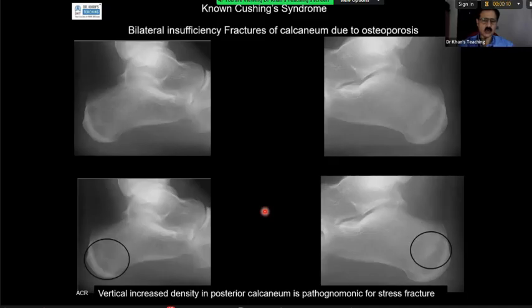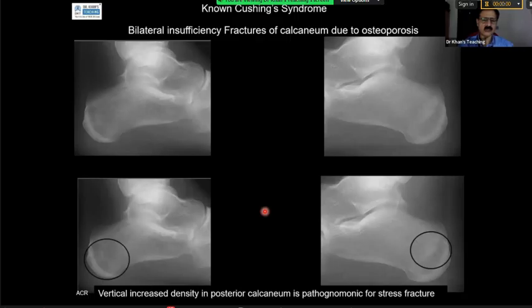Insufficiency fracture is normal stress on abnormal bone, and stress fracture is abnormal stresses on normal bone. So an athlete who is running too much causes a stress fracture.